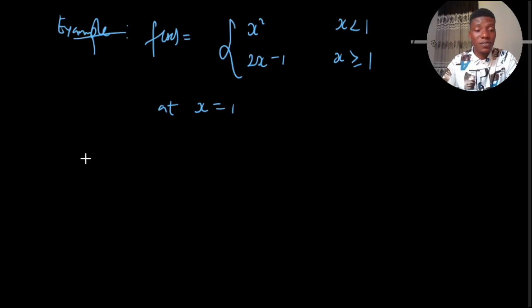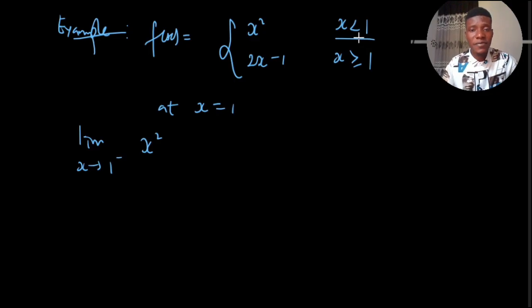Now, to check the continuity, don't forget, it is a piecewise function, so you go for the limit as the second condition. The limit as x tends to 1 on the left-hand side. On the left-hand side, we are considering this formula because this one is treating x less than 1, that is, every value of x that is less than 1. So this will give us 1.